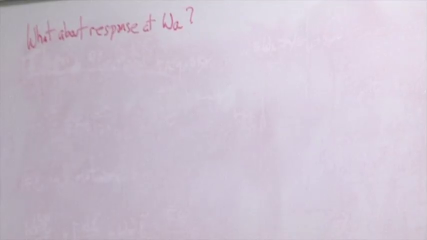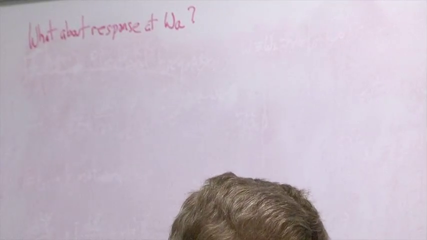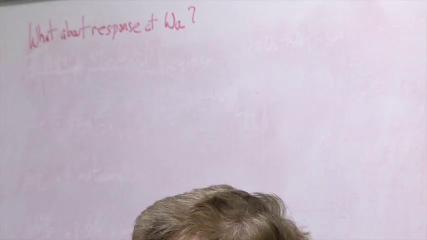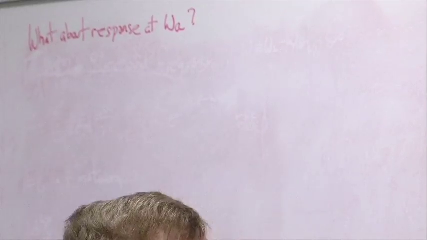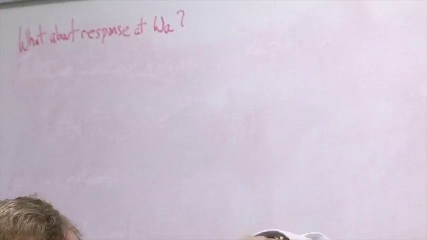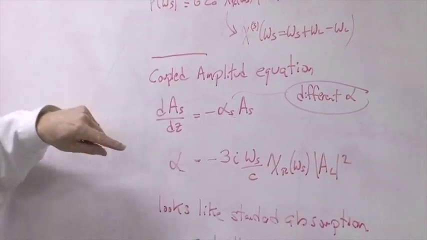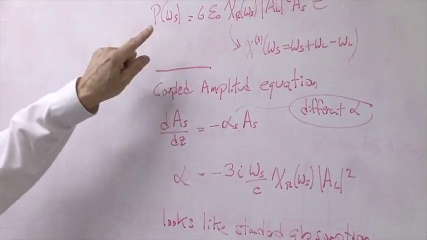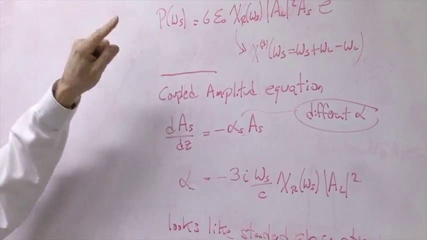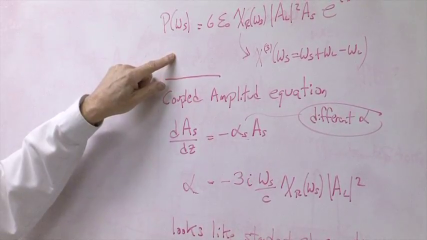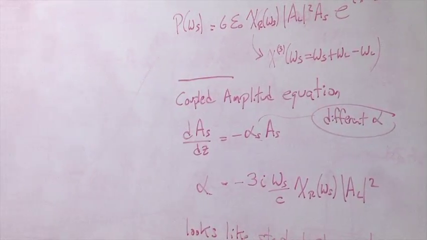Okay, so we've seen that the Stokes wave gets amplified as it propagates through the material. Now, let's repeat the calculation and see what happens for the anti-Stokes frequency. This was the polarization at the Stokes. Let's see what the polarization is like at the anti-Stokes.